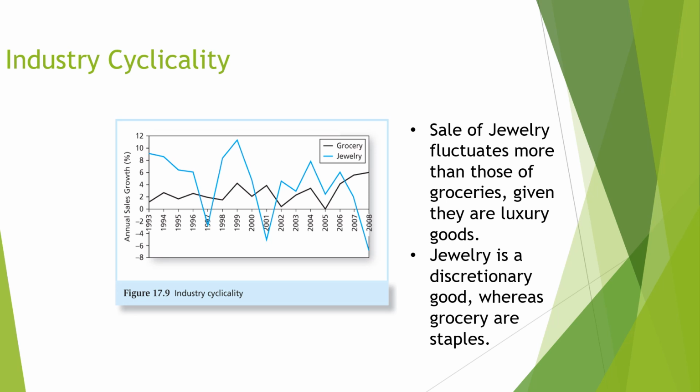Okay, then you need to look at the industry cycles, how sales of, for example, jewelry fluctuate more than those of grocery items. So this all depends on the country's economy also, whether they are in a developed country or developing countries. Okay, what is more important to them?